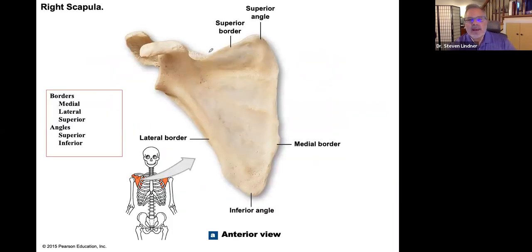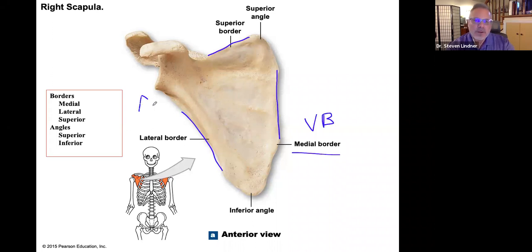When we look at the scapula, we said that there was a superior border, a medial border, a lateral border. The other name for medial border was the vertebral border, and the other name for the lateral border was the axillary border. Then we had three angles.